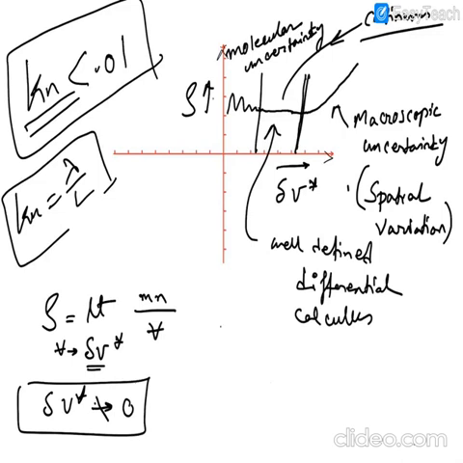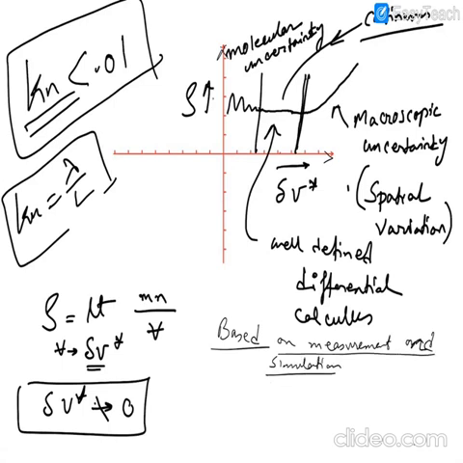Now, based on measurement and simulation, a little bit of an idea that I want to give is that 10 to the power 6 molecules in a volume can give you a stable measurement.